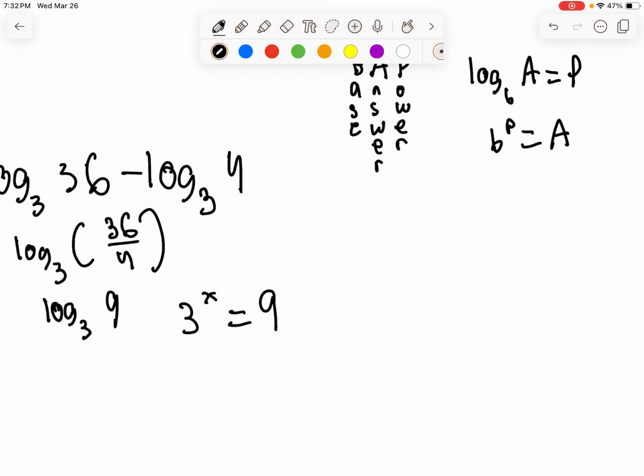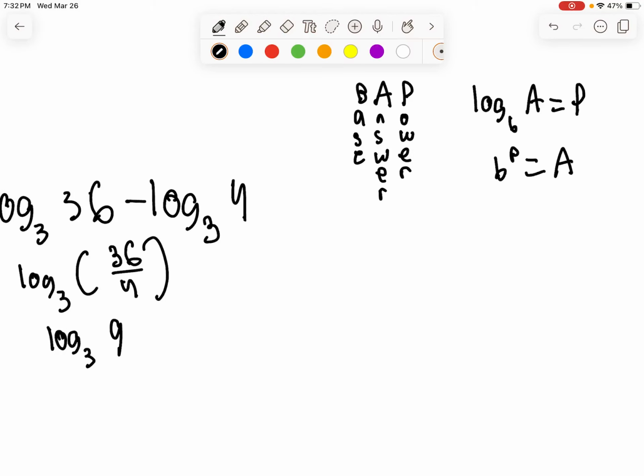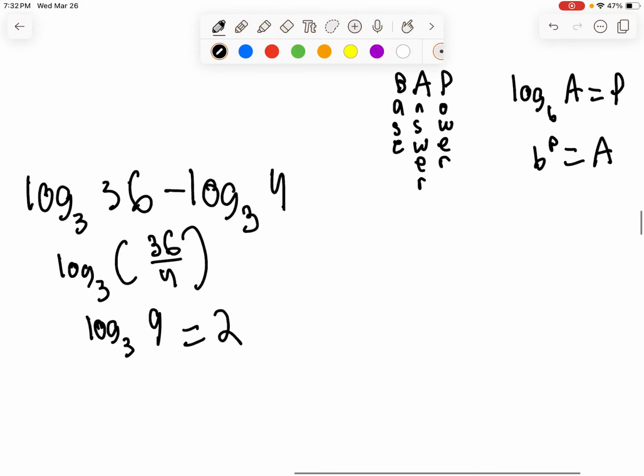And that's what the log is asking of you. And for this case, that's just 2, because 3 times 3 equals 9, and that's equal to 3 squared. Sorry for the brief covering of it. If you guys would like a more in-depth one, feel free to request one. But I believe that should be enough for this. And I'll add a box to the whole thing.